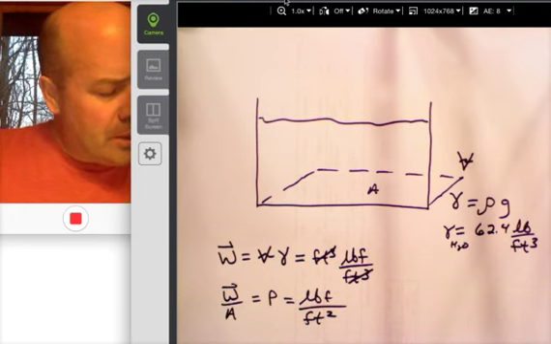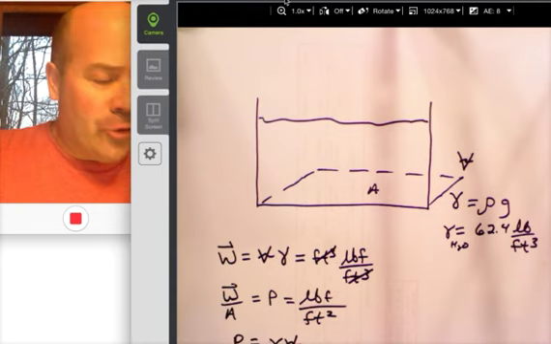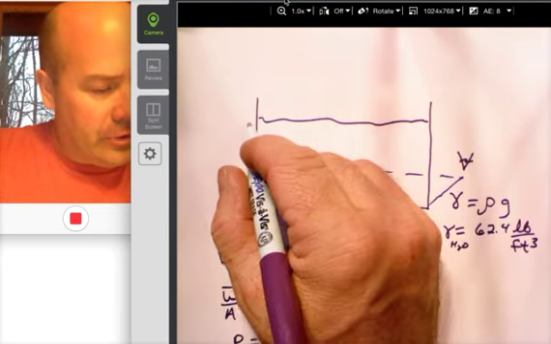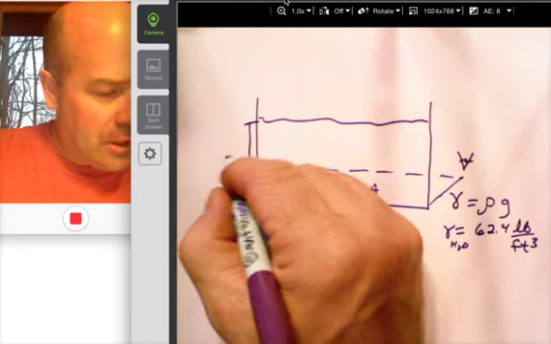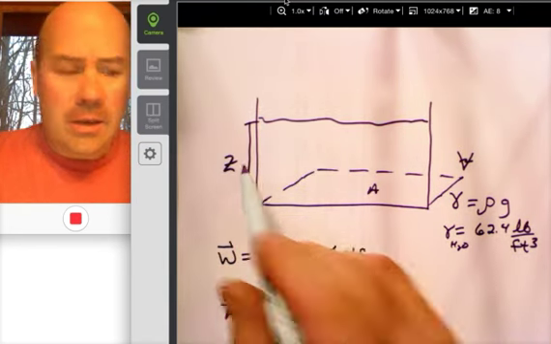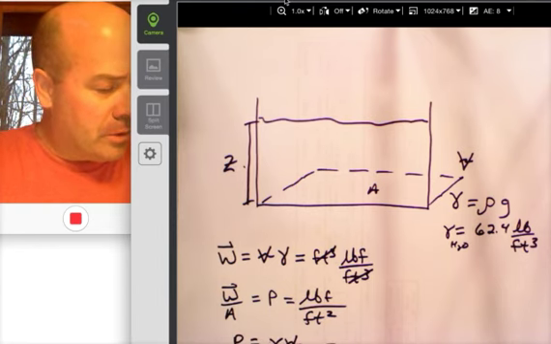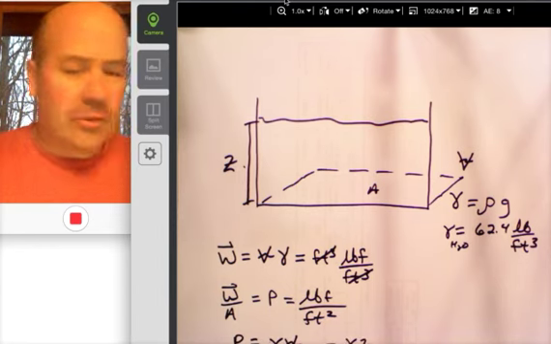One more step here. If weight is gamma times volume and area is area, what is volume divided by area? Well, let's let this have some height z. Wouldn't the area times the height be equal to the volume? Yeah. So pressure equals gamma z.